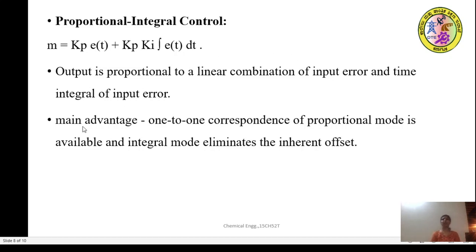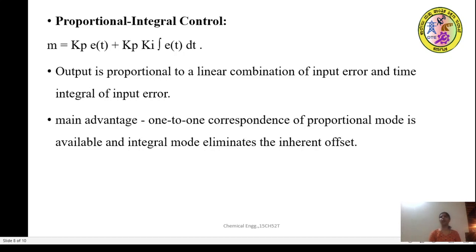What are the main advantages of using this proportional integral control action? The main advantage is that it provides the one-to-one correspondence of the proportional mode, and the integral mode combined with the proportional eliminates the inherent offset. The offset is completely removed in proportional integral control mode of action.